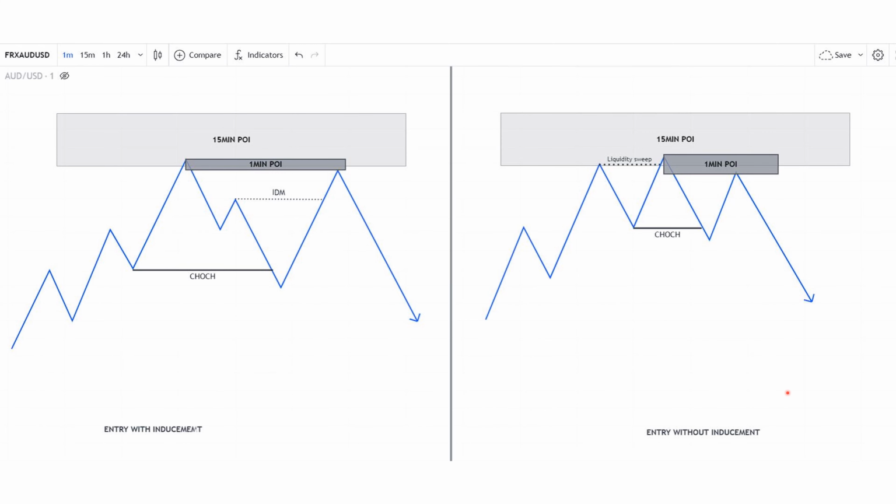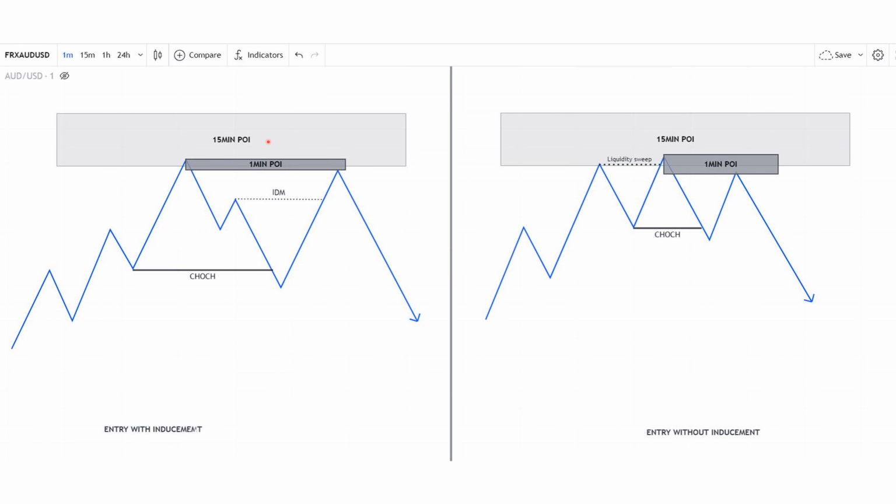All right, let's get into it. On the first entry setup, entry with inducement, you need inducement on this lower time frame for you to take a trade. So this 15 minute POI is your analysis time frame.